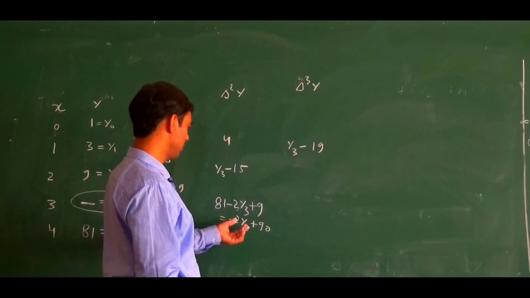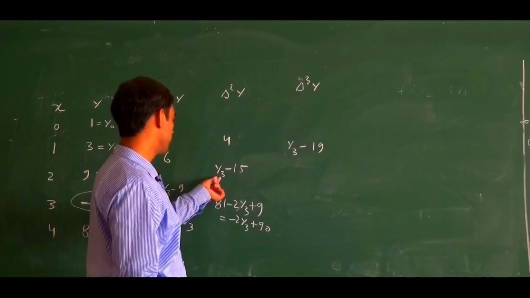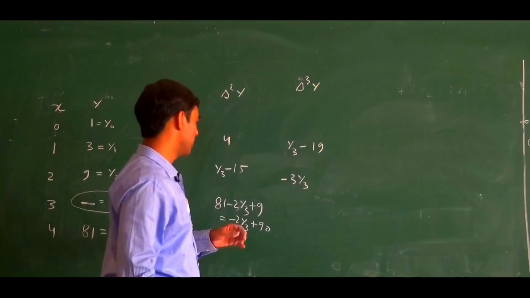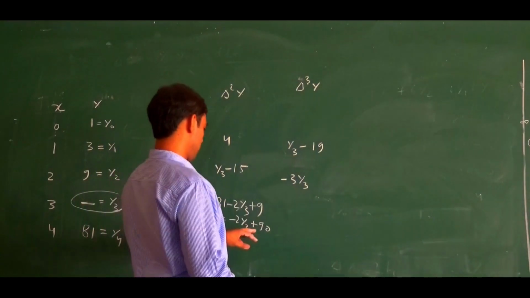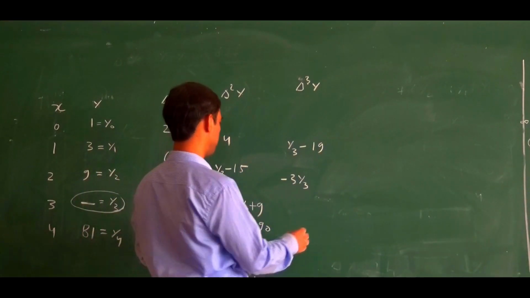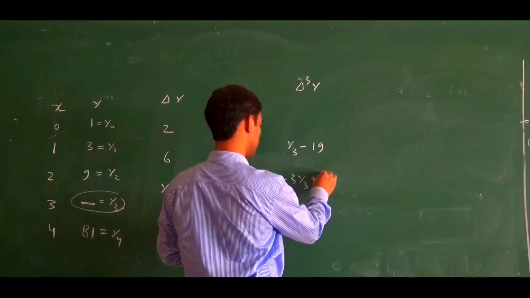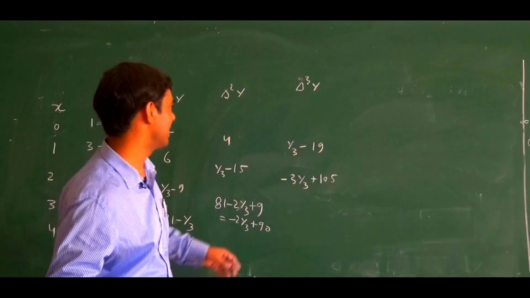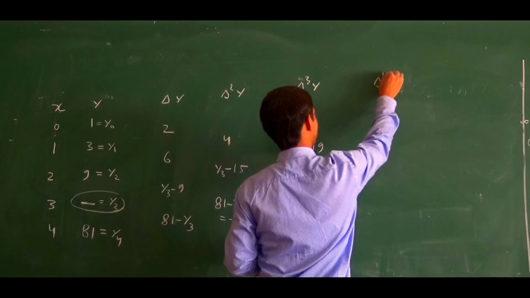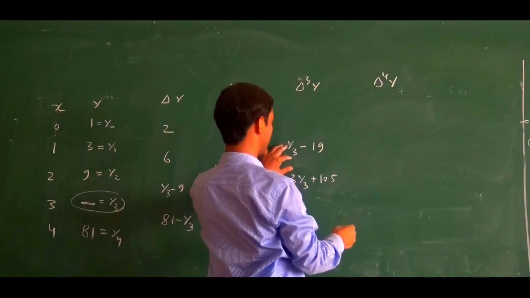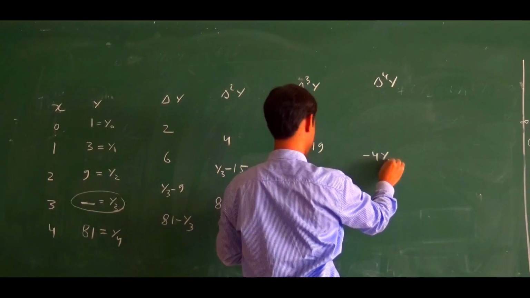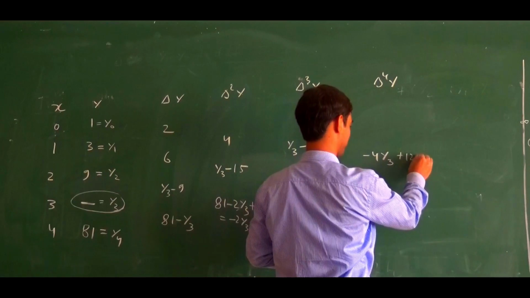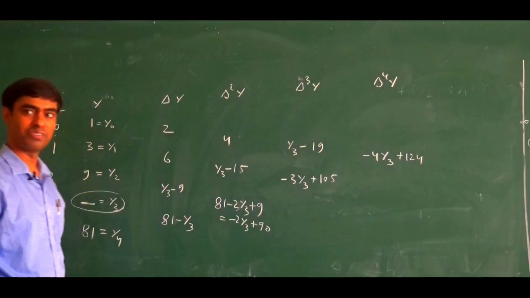And the next one becomes 90 minus 2y3 plus 19 minus y3, which is minus 3y3 plus 105. Now, the fourth difference, del 4y, is minus 3y3 minus y3, which is minus 4y3 plus 124.